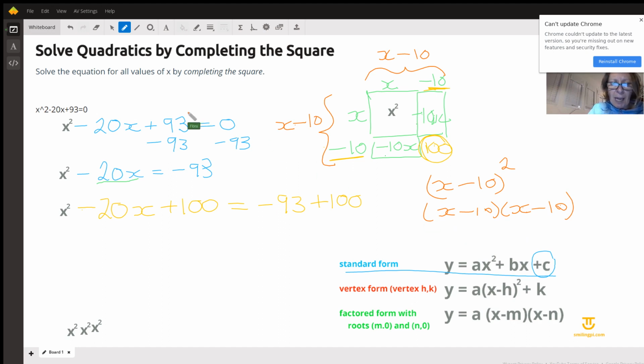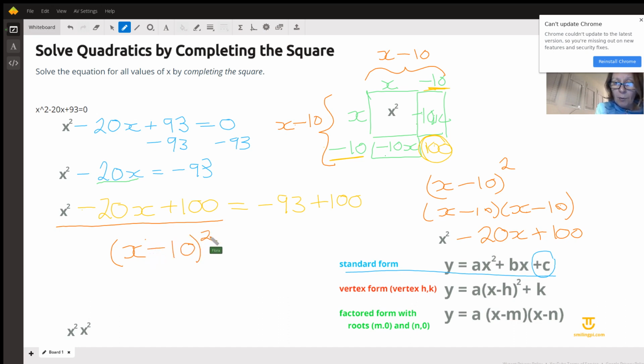That would indeed give us x squared, and then the outside would be negative 10x, the inside would be negative 10x, which combine to negative 20x. The last term, negative 10 times negative 10, would be plus 100. And you see this is exactly what we have here, x squared minus 20x plus 100. So the whole point of completing the square is so I can write that as a perfect square: x minus 10 all squared.